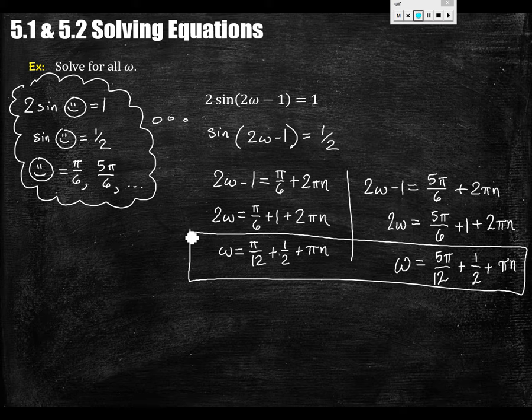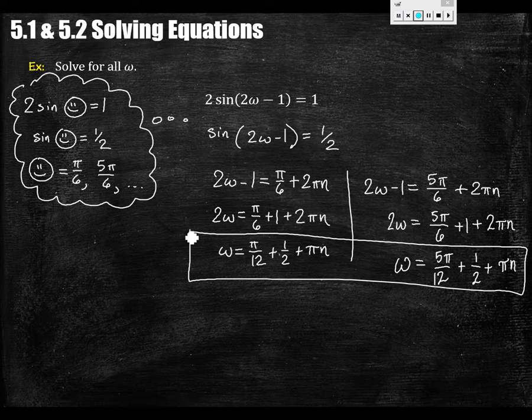I'm thinking there'll probably be 4 values in the range 0 to 2 pi. If you let n be 0 for both of these, you definitely get solutions on the interval 0 to 2 pi. If you let n equal 1 in both of these expressions, I think you get another solution for both that's on the interval 0 to 2 pi. I'm not sure. I'm going to have to think hard about that. So that actually makes it trickier.